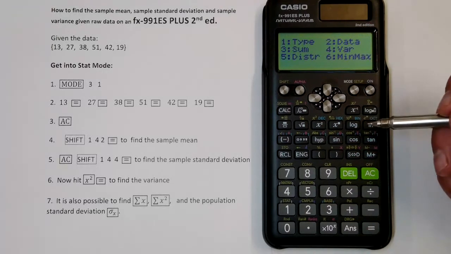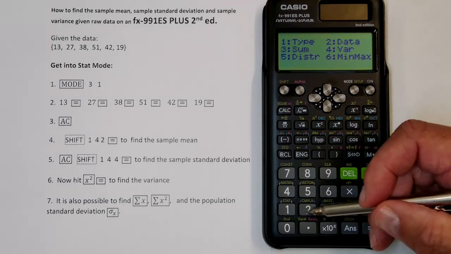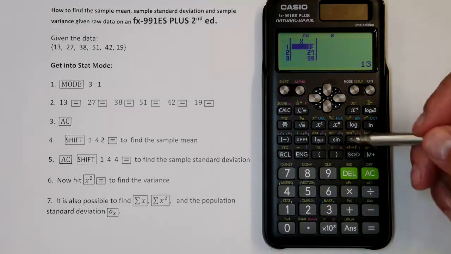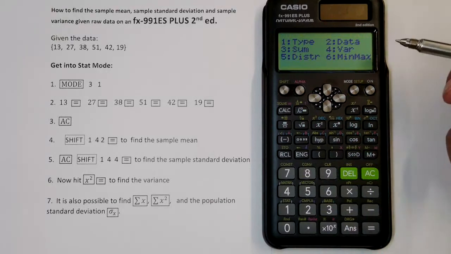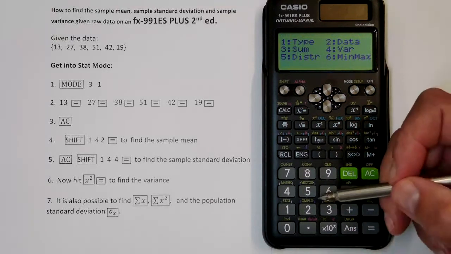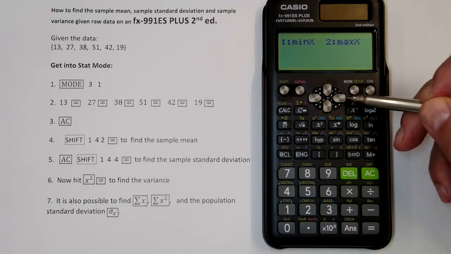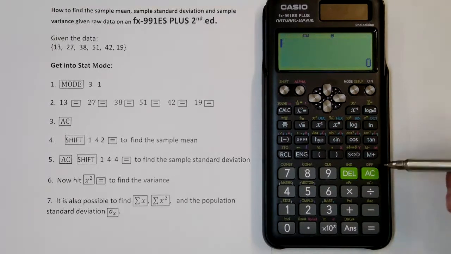That is not what I wanted to do. So 2 is data, right? And let's see, what is type? Some variable. Number 6, it's just those 2, right? Okay. I thought this gave more information than that. Sorry about that. And that basically gives you what you need to know.